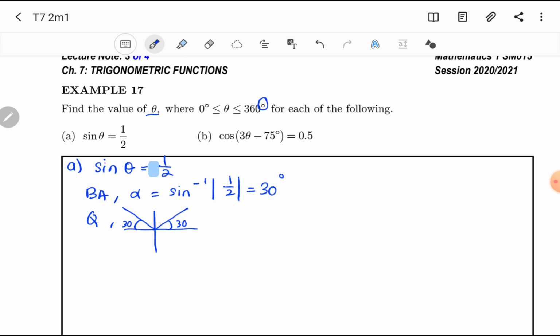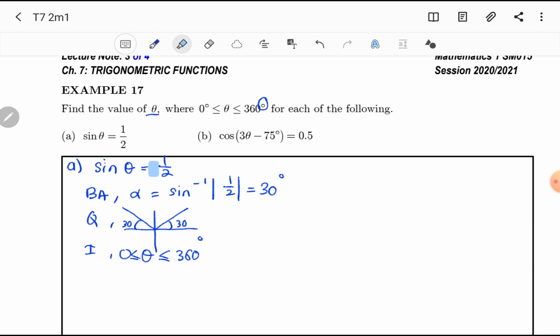BAQ. Next, I for interval. Look at the question. It gives theta from 0 to 360 degrees.